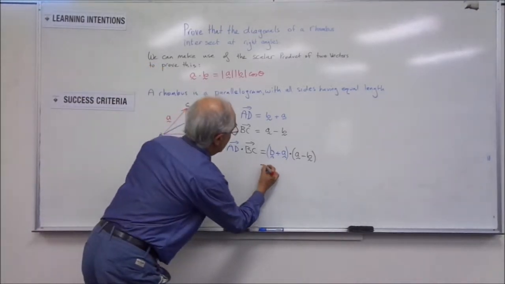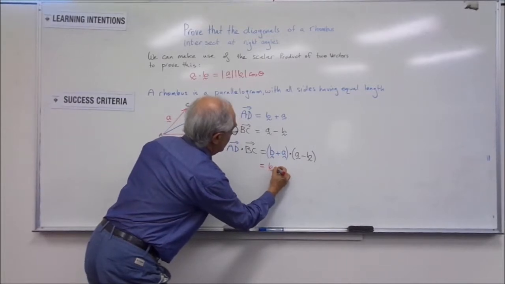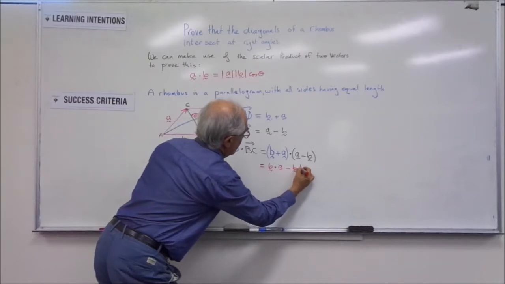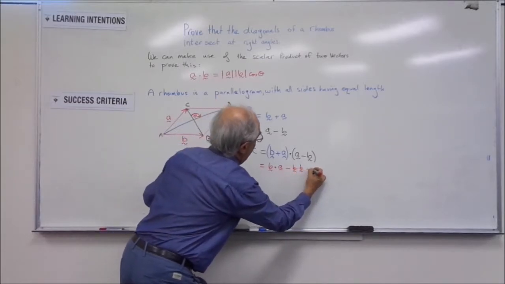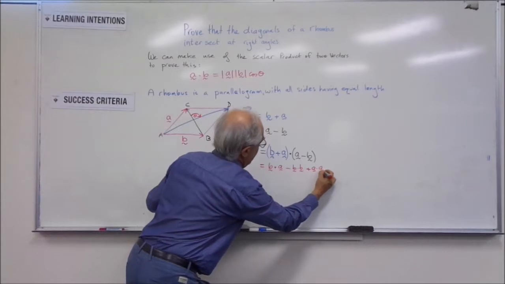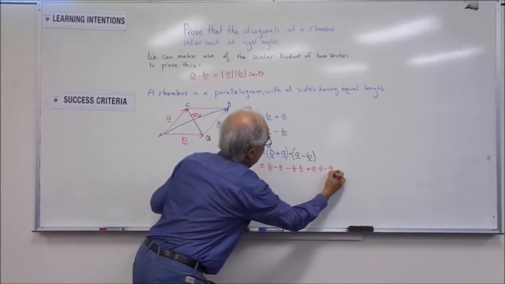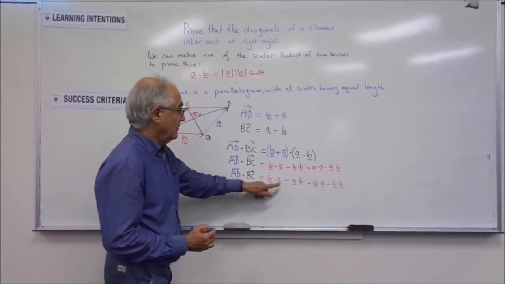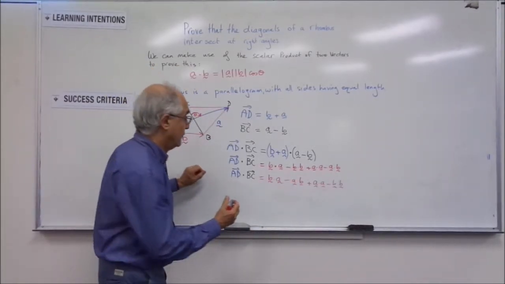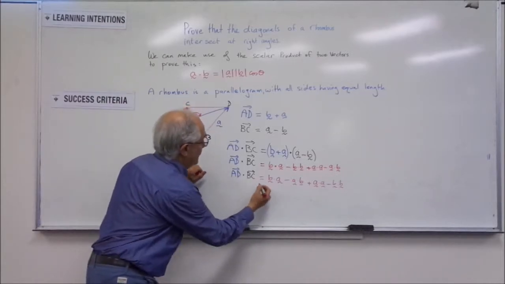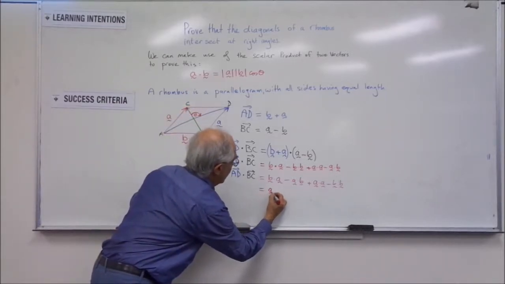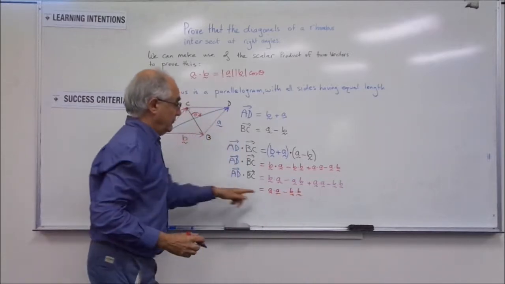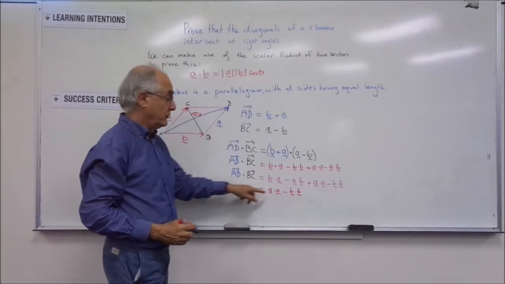And that will be equal to B dot A take away B dot B, and add A dot A take away A dot B. Now because B dot A take away A dot B will be 0, we have AD dot BC equals A dot A take away B dot B. Now this is the vector A scalar product with itself.